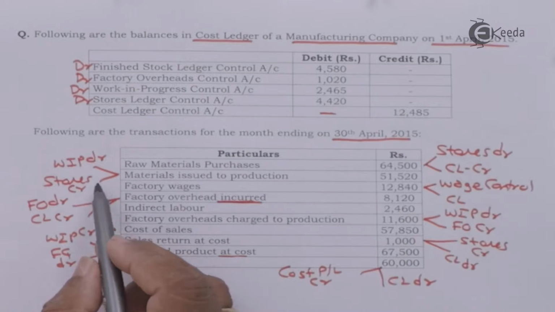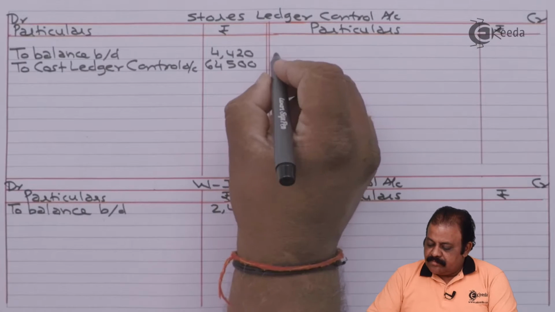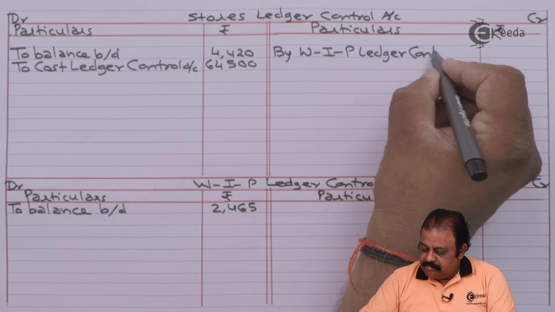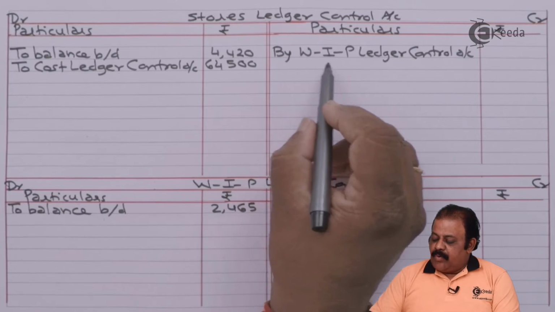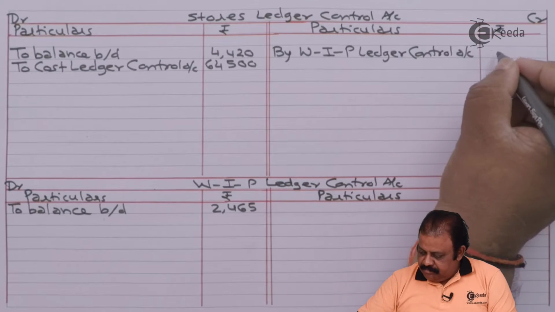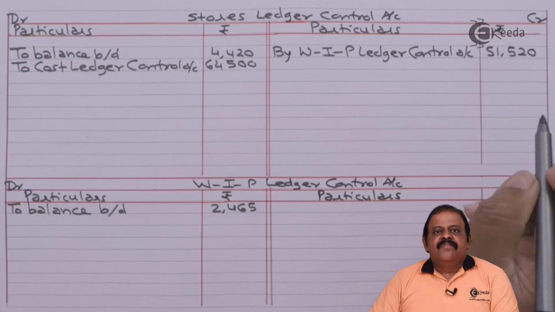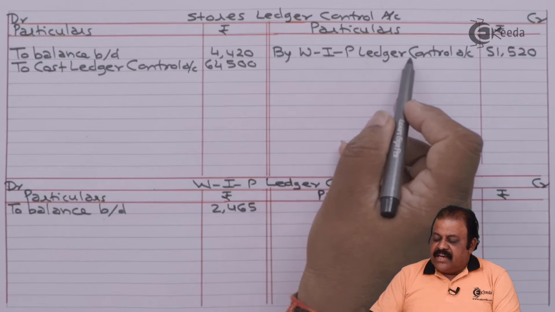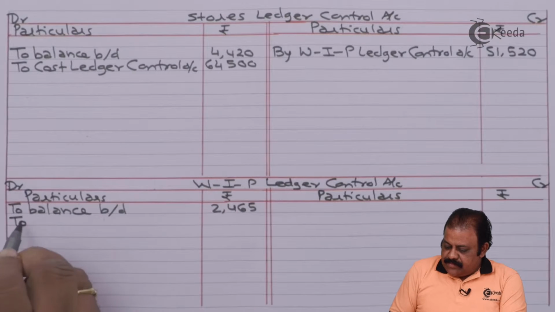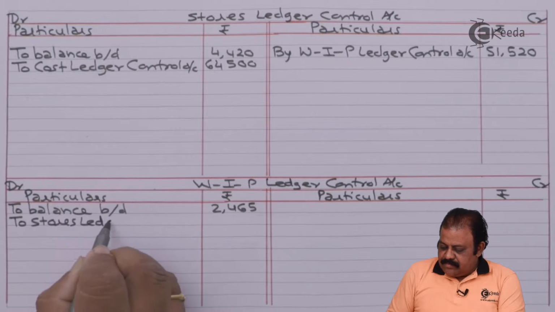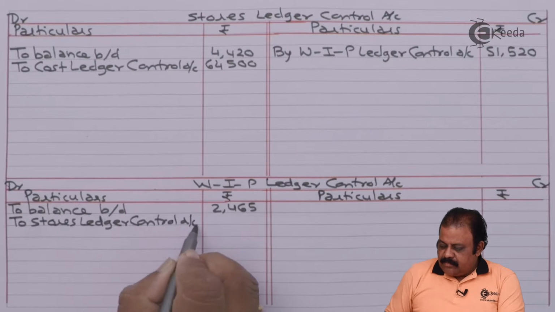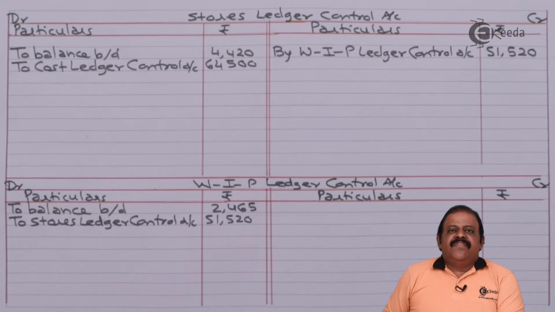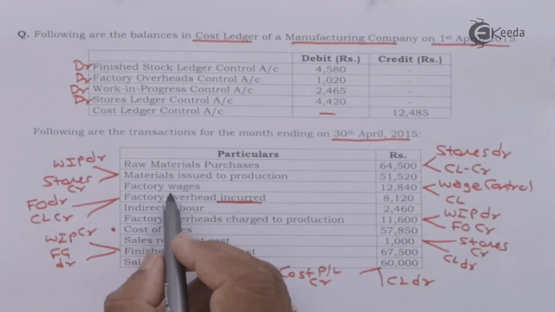This will be credited to stores ledger control account, by work in progress ledger control account 51,520. This will be debited to work in progress ledger control account, to stores ledger control account 51,520.